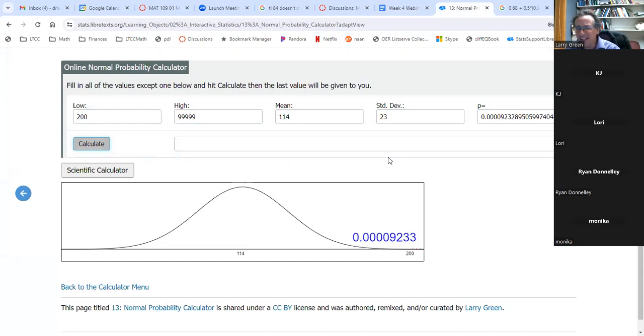Okay, notice you get a really small number, 0.00009233. On the picture, it's way over here. You can't even see it, it's so far away. Do you see? There's hardly anything to shade in. By the way, if I added another 9, should that change anything?